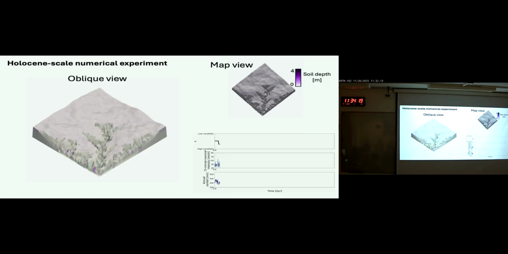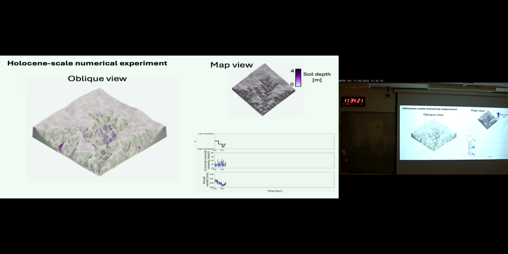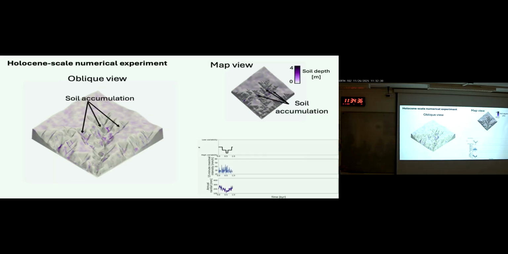At the beginning of the simulation, you can see that significant gullying occurred in the entire catchment, and this is because of the higher maximal intensity and also the initial relief that I started the domain with. While going over 1,000 years more into the low variability phase, you might recognize these purple colors, which indicate soil accumulation in the entire catchment.